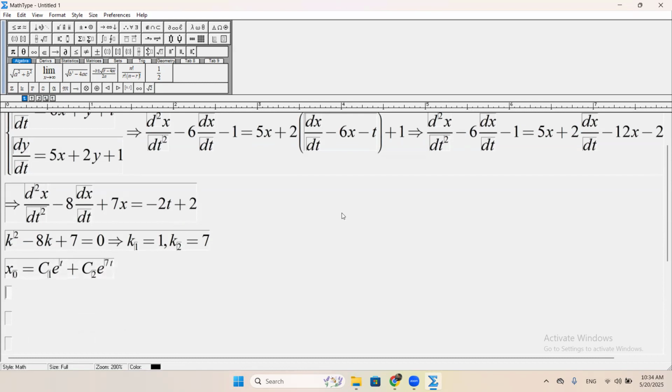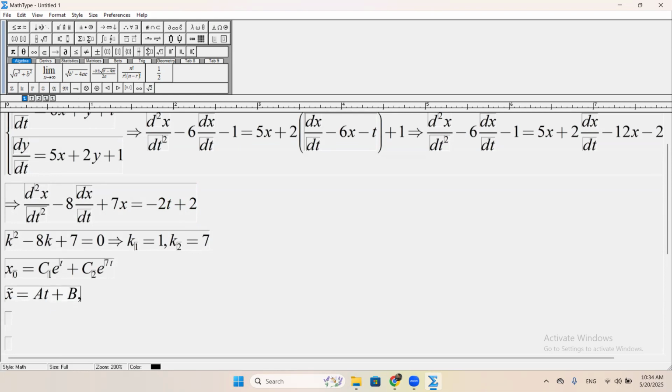Then finding the partial solution. It will be a polynomial; the control number of this function is 0, not a root of the characteristic equation. So x partial will be equal at plus b.